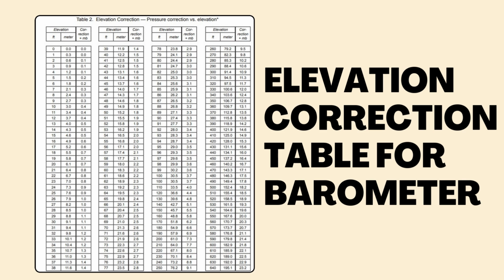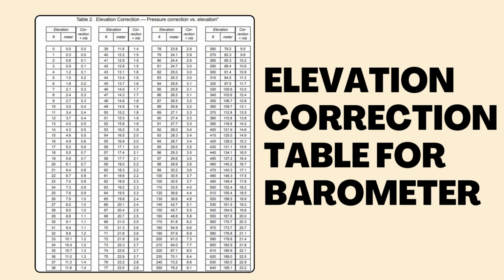Yes, you can see the picture on the screen. For example, you are keeping watch and you want to record the pressure, so you read maybe 1013, but you have to make a calculation. Firstly, you have to know how many feet you are above the sea level. You have to get this information from the vessel's plan.